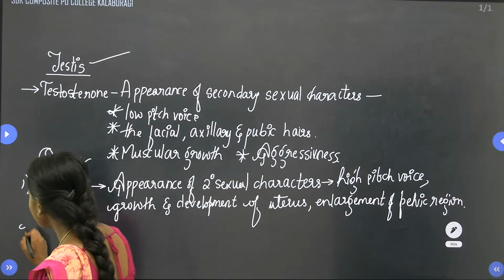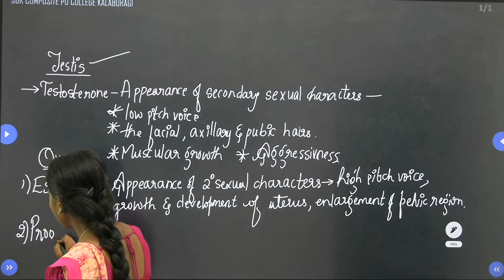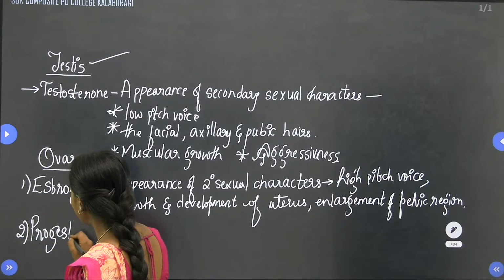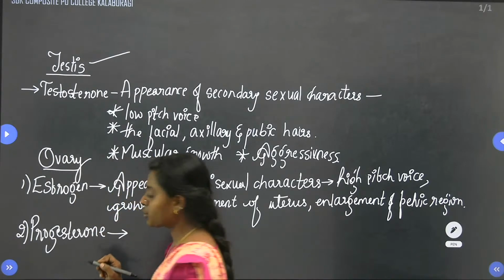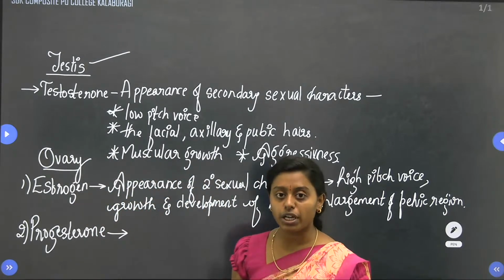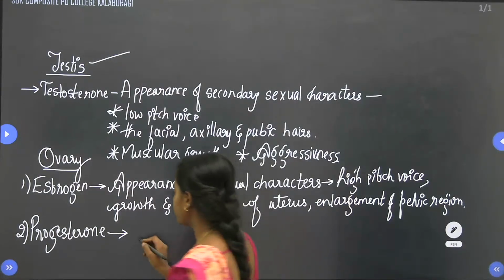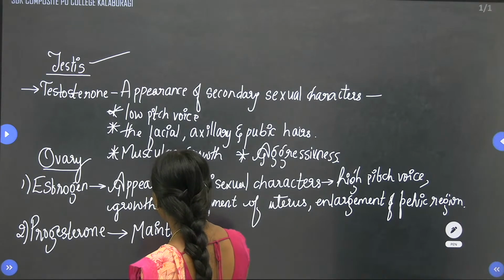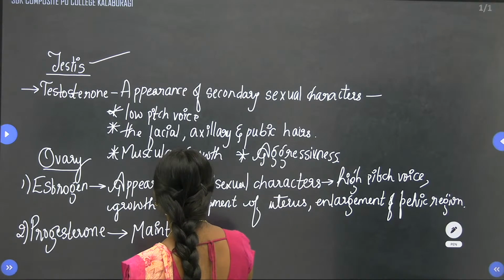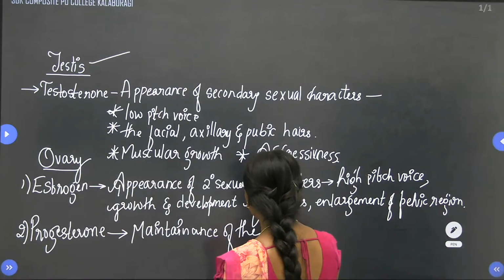If there is a condition of pregnancy in female, then there is secretion of another hormone called progesterone. Progesterone is generally termed as the pregnancy hormone because it is responsible for maintenance of the endometrium.